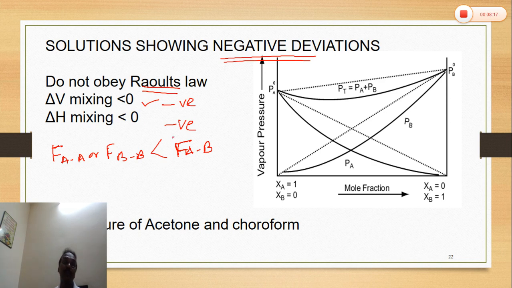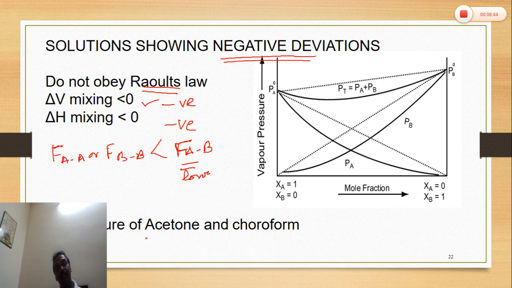And delta H is negative, which means heat is liberated. The solution has lower heat, and the solute and solvent separately have higher heat. That is, delta H is negative.